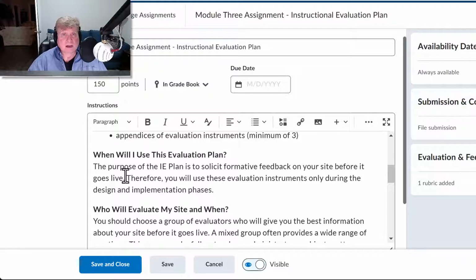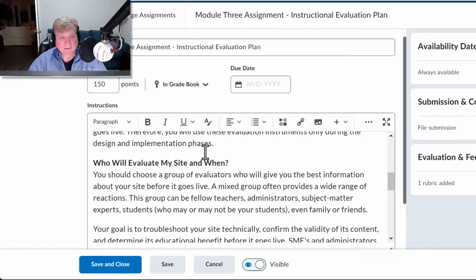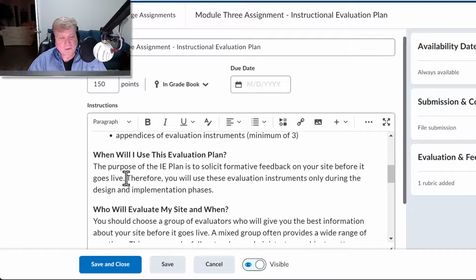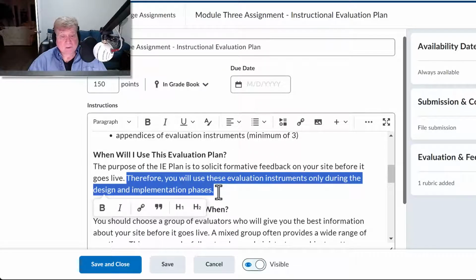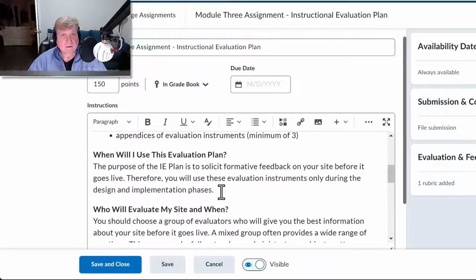Your role is to gather as much good detail, good reaction, good data as you can about your course, and then use that data to further refine, develop, revise your actual course. Oh, it says it here. These evaluations will be used only during the design and implementation phases. They're not final evaluations at all.